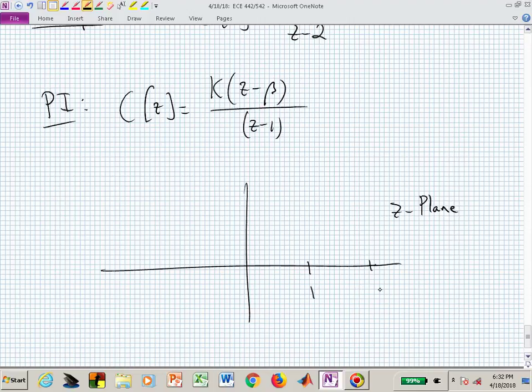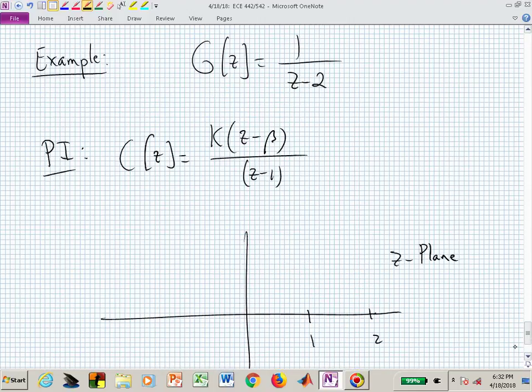Can you already anticipate what the root locus looks like for this PI controlled plant, G of Z, 1 over Z minus 2? Is that our friend, 2 poles and a 0?